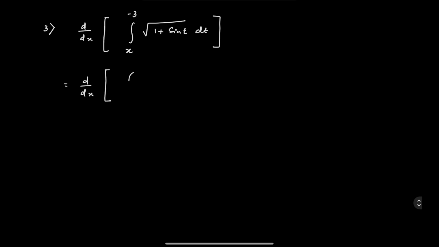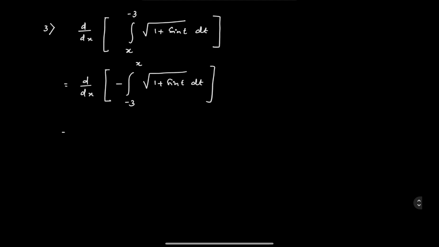Now let us solve one more question of this type. Find the derivative of the integral from x to negative 3 of root over 1 plus sine t dt. Now here I can change the limits, so I get d by dx of the integral from negative 3 to x of root over 1 plus sine t dt. When I change the limits, I have to put a negative sign.